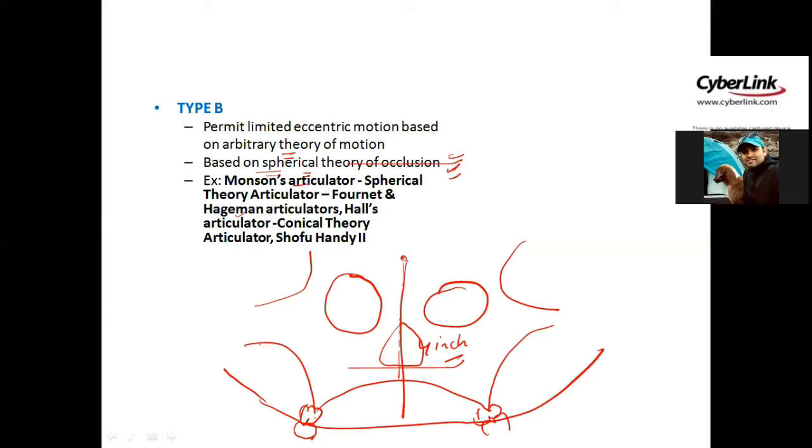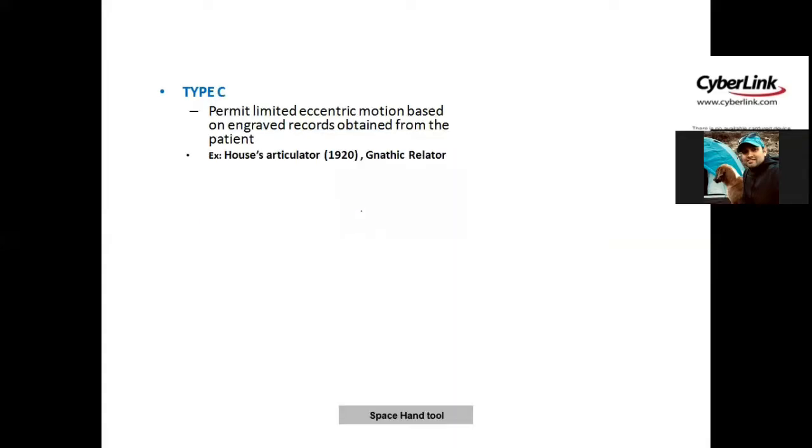The examples are mean value articulator, spherical theory articulator, Fournet and Hagman articulator, Hall's articulator according to the conical theory of Hall, right? Then your type C, it again permits limited eccentric motion, but based on engraving records obtained from the patient.